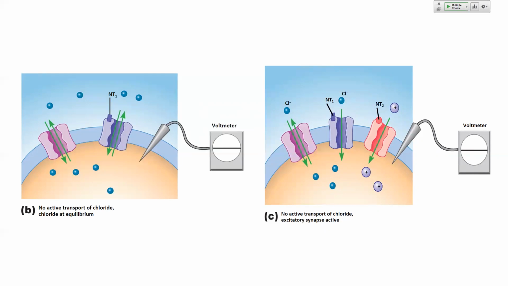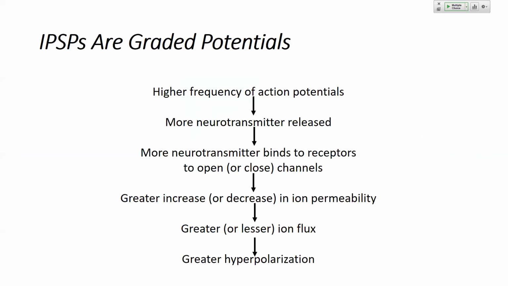Any questions on that? Okay, so let's jump back on this slide here and describe these inhibitory postsynaptic potentials. So first of all, we want to remember that these are graded potentials. We spoke about graded potentials earlier, and these are the types of graded potentials that we were referring to.